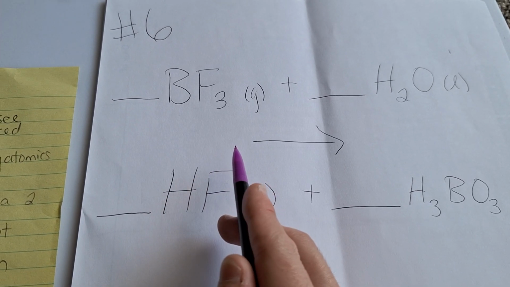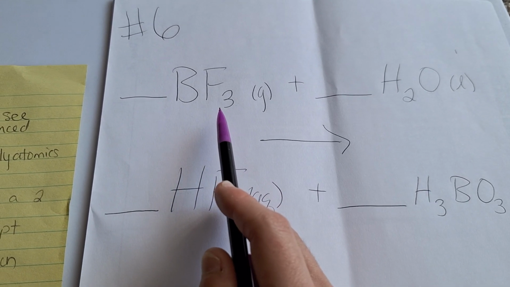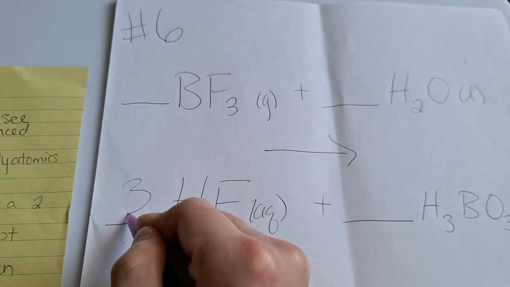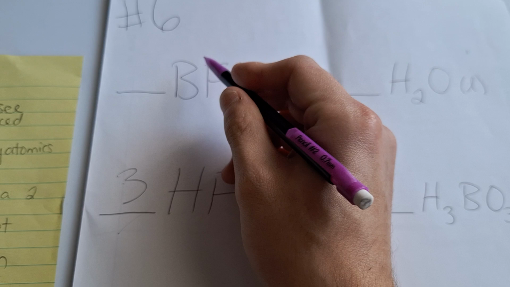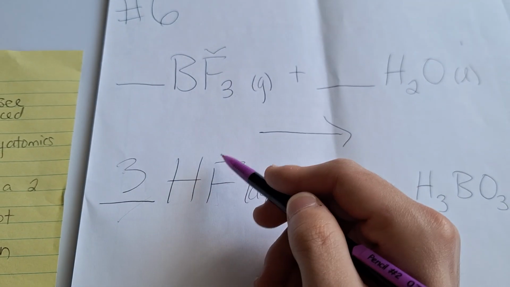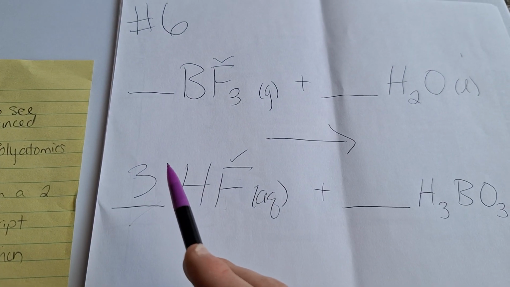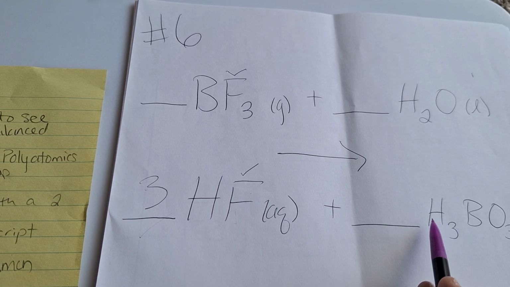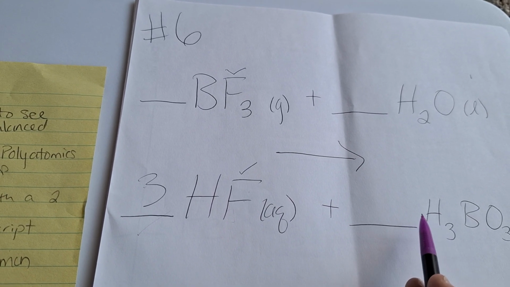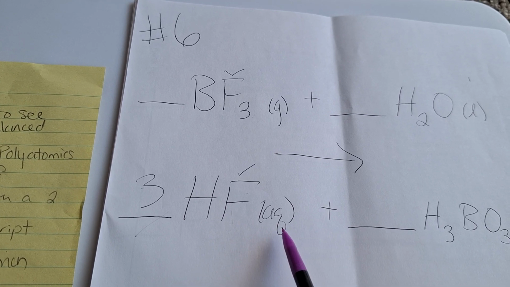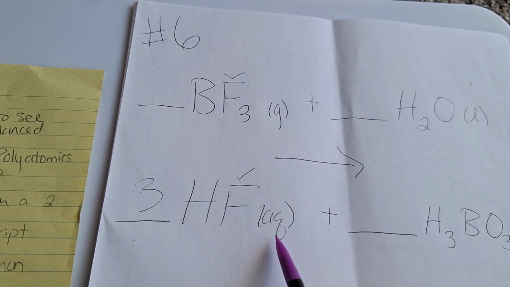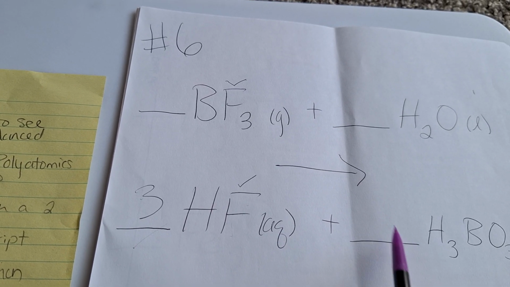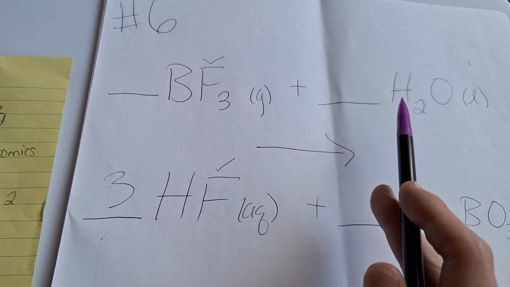So we have 3 fluorines here. We need 3 over here. So 3. So fluorine is now balanced, right? But now we have 3 hydrogen here, plus another 3 hydrogen here. So that's a total of 6 hydrogen there. So if we have 6 hydrogen here, we need 6 hydrogen here.